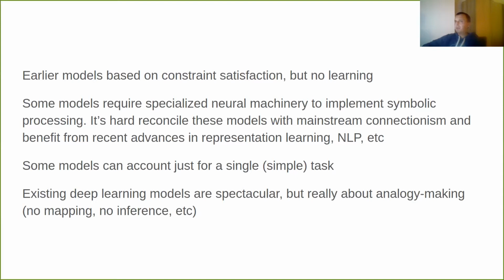But the problem with these models was that they had no learning. I mean, they started with a network and then they ran constraint satisfaction on this network. But the question is, where does this network come from? They couldn't account for how to actually build these connections between entities.